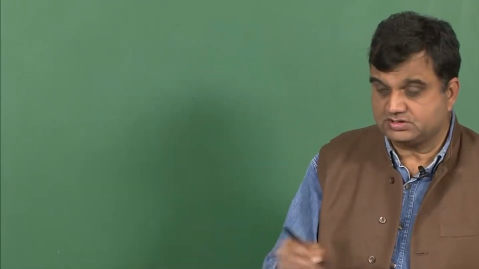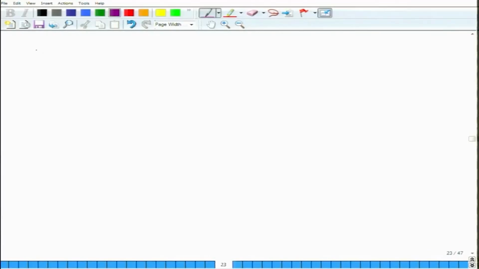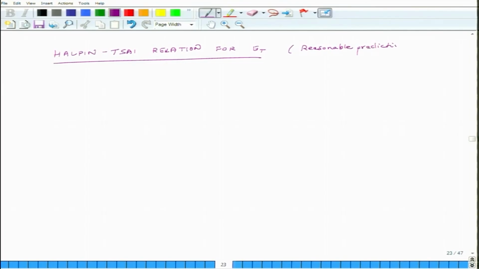So, what we can do is, that method is known as, it is a formula. So, we will use this formula known as Halpin-Tsai relation for ET. So, this gives reasonable prediction for ET.